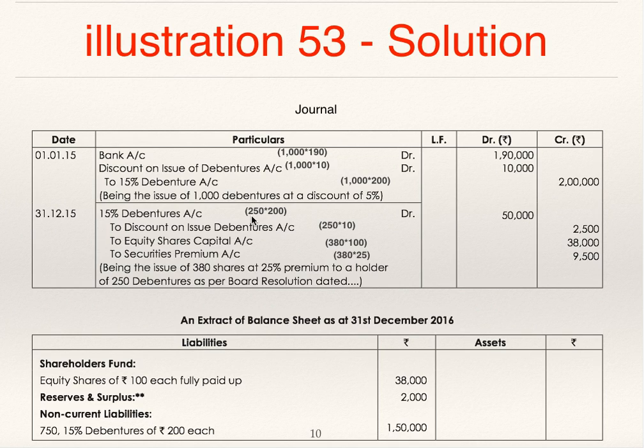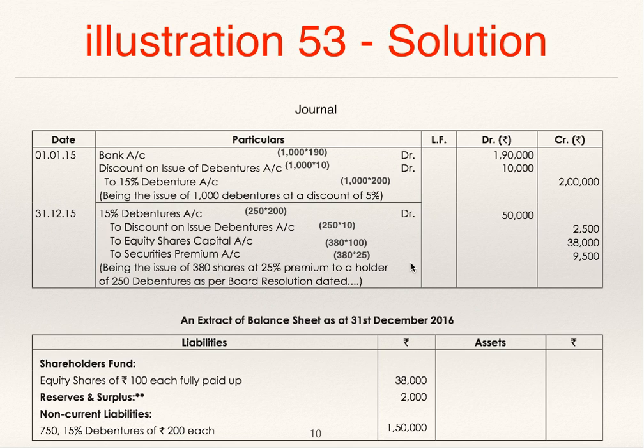Now 250 debenture holders exercise the option of getting it converted into shares. 15% debentures account debit 250 into 200, 50,000. To discount on issue of debentures 250 into 10. 10 is discount per debenture, 2,500.